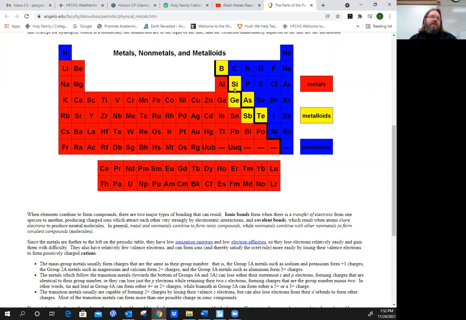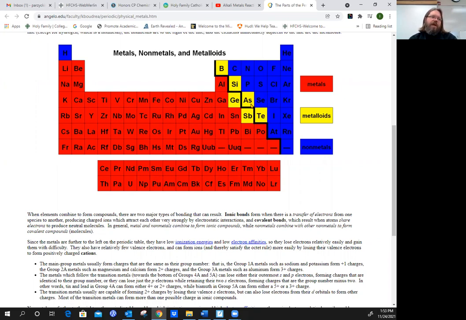For instance, silicon. Silicon is used in microchips, computer chips, different electronic devices. Silicon is a metalloid. It doesn't really look like a metal. It looks almost like gray plastic in a way. But it is one of the best conductors of electricity, like the metals.